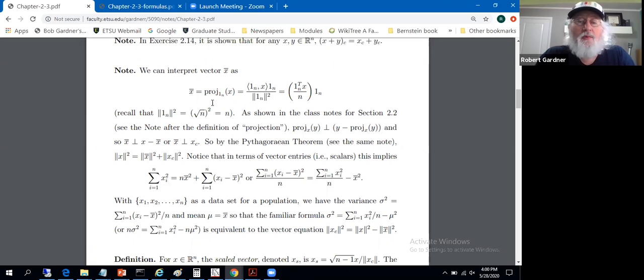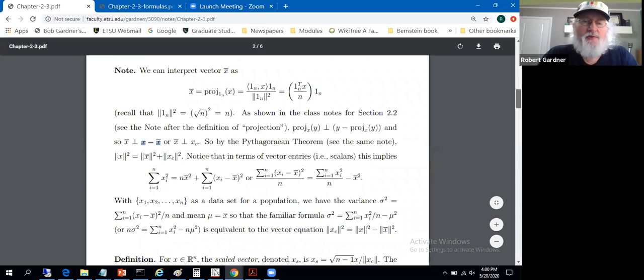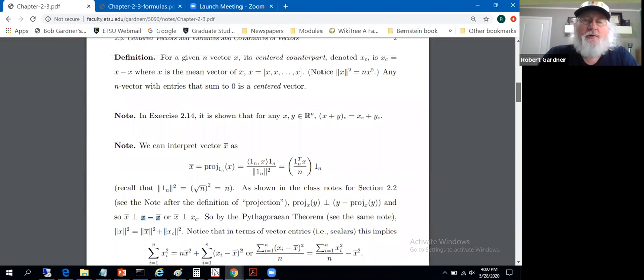Here, we've got this particular type of projection. Here we can say x bar is perpendicular to x minus x bar, or x bar is perpendicular to, remember, the centered counterpart, which was this vector x minus x bar. I assume these may be somewhat new to you. Let's scroll up.